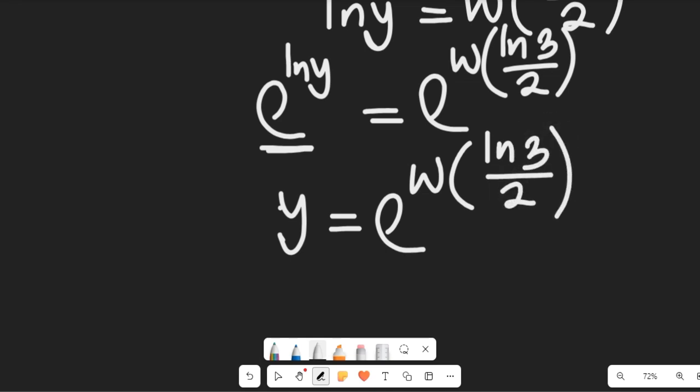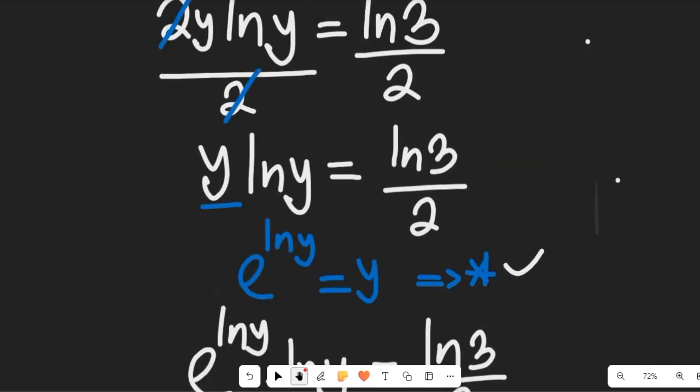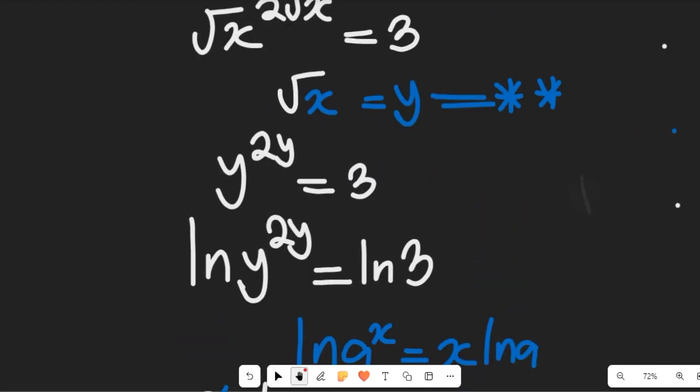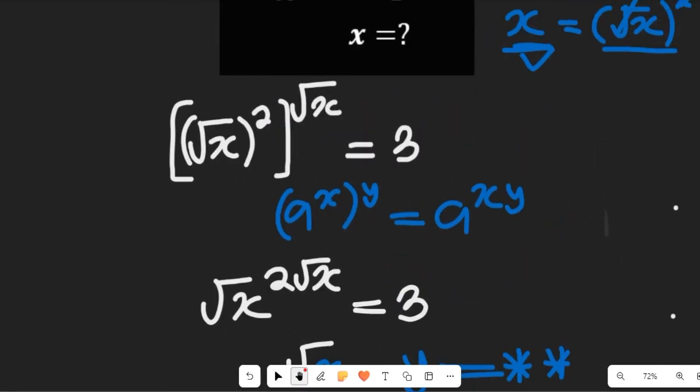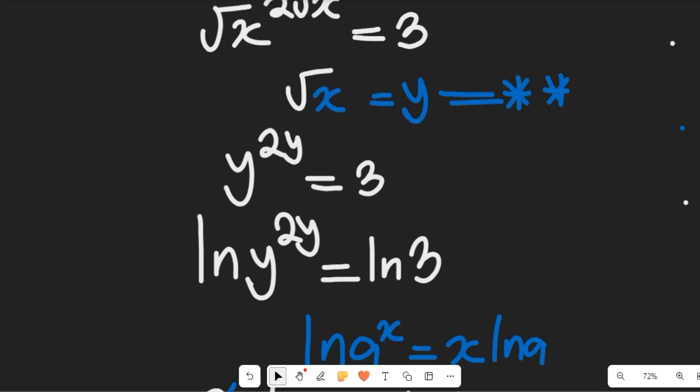Good. So if you simplify this, you're going to recall something. Recall from this expression that we had our y covered. How did we have our x and y covered? We said the value of square root of x is equal to y.